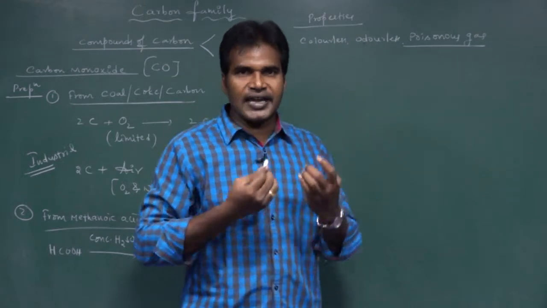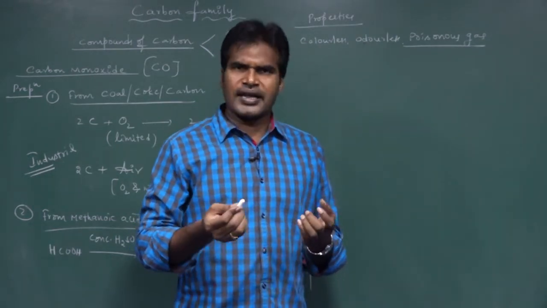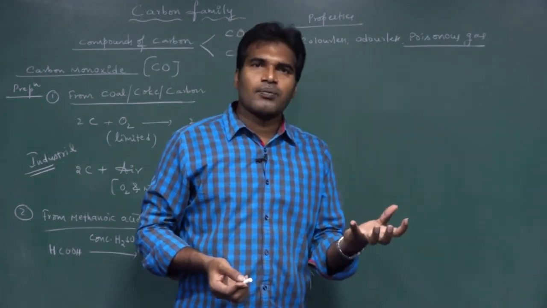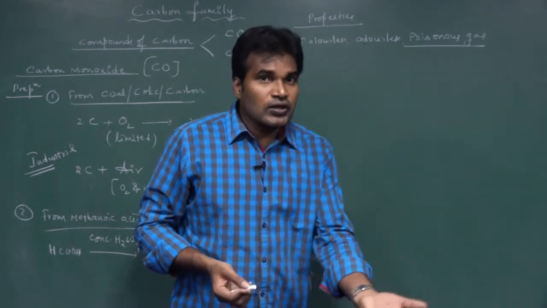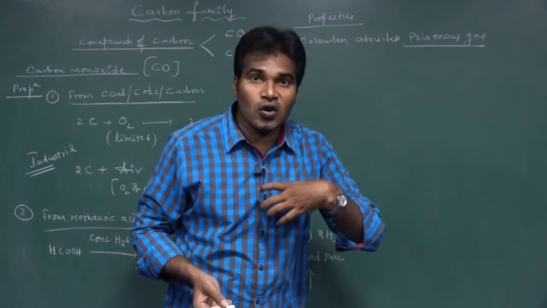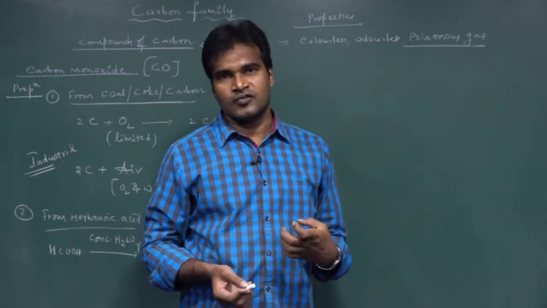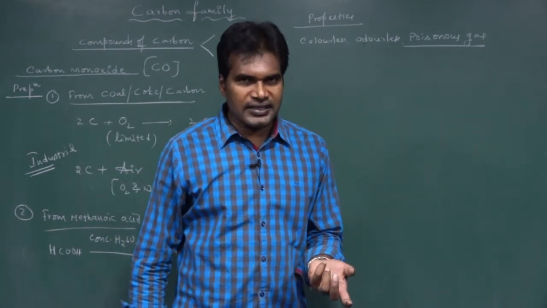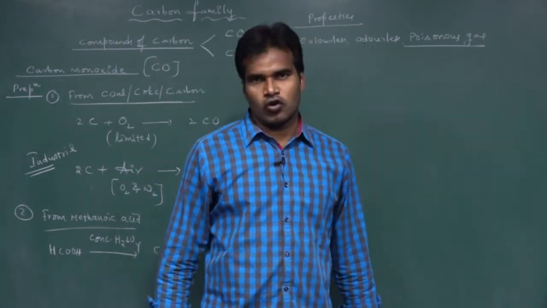Suppose you inhale polluted air, that air generally has carbon monoxide along with carbon dioxide. So if there is carbon monoxide in the air and you inhale that air, the CO gas present in the air will go and dissolve in blood. Why? Because hemoglobin has more affinity towards carbon monoxide, and they form carboxyhemoglobin.